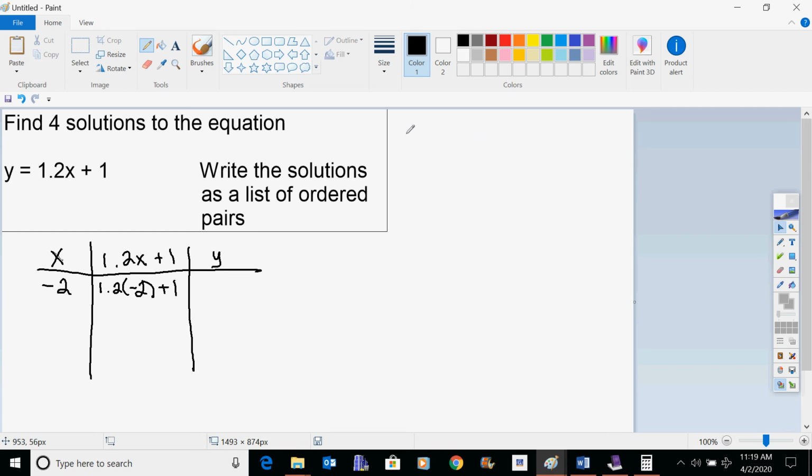So I'm going to do this math over here on the side. 1.2 times negative 2 plus 1 equals negative 2.4 plus 1. So negative plus positive means I subtract. Let's review our decimals a little bit. This 1 is in the ones place, so you'd have to do that. My answer is negative 1.4.